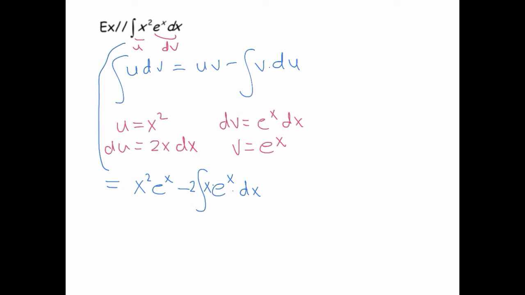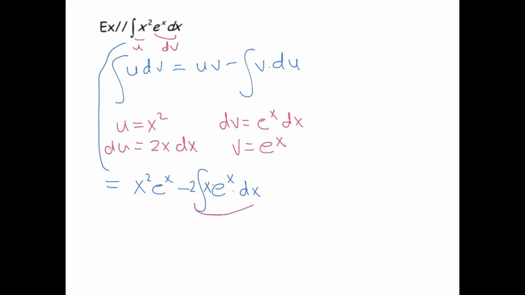I basically have the same integral I had originally, except it's x instead of x squared. So we would have to use integration by parts again on this problem, and it's admittedly annoying. However, I kind of rigged this so if you look at a prior video, we've already done this, right?